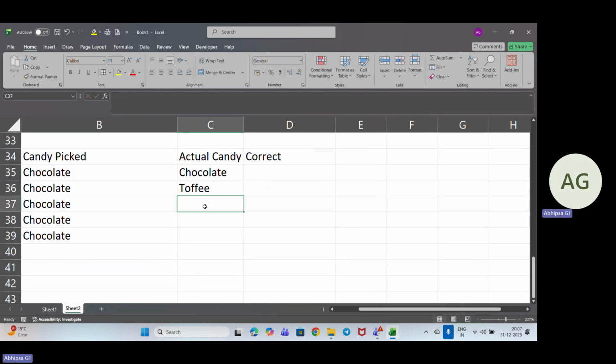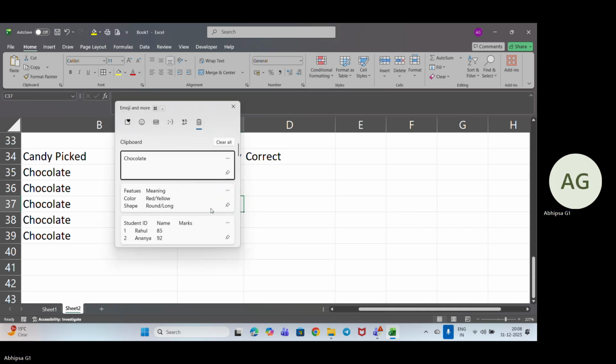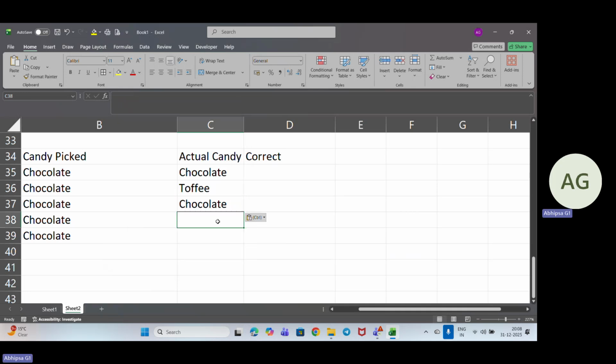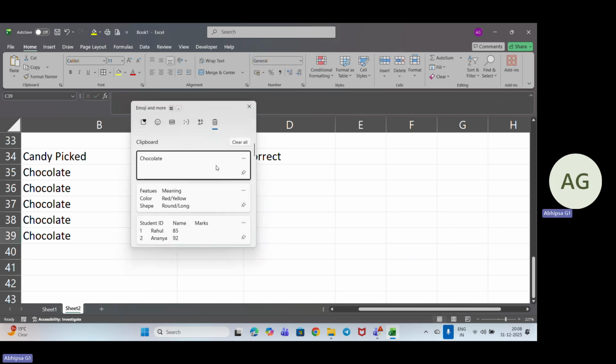Now here, it is a chocolate. For this, suppose it's a lollipop. And again for this, it's a chocolate.